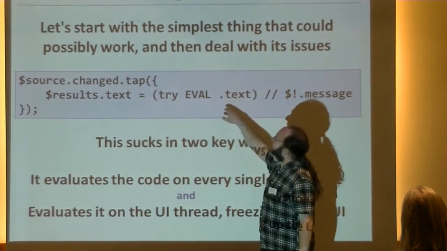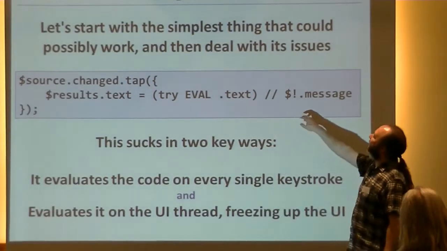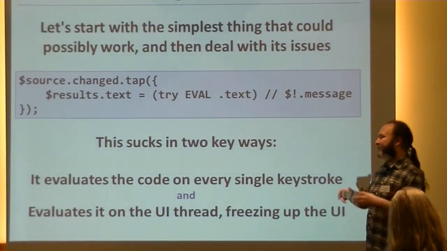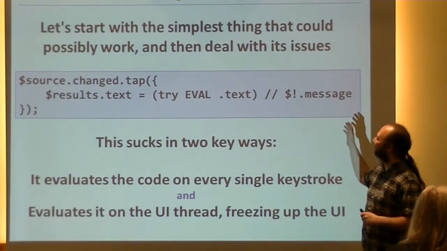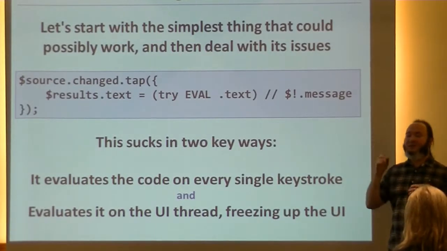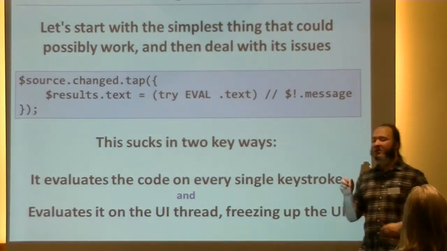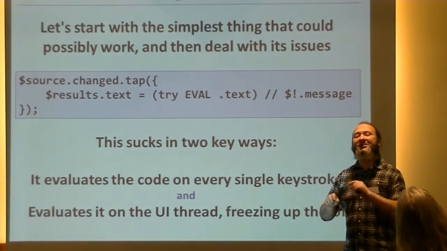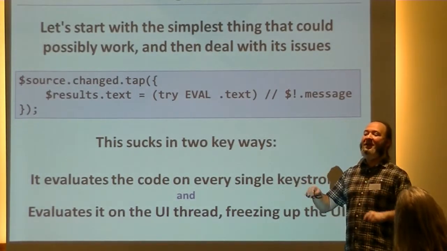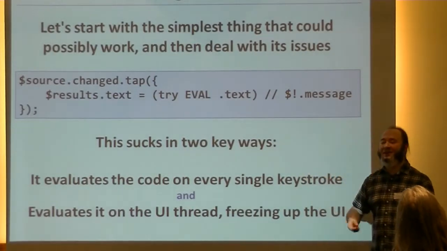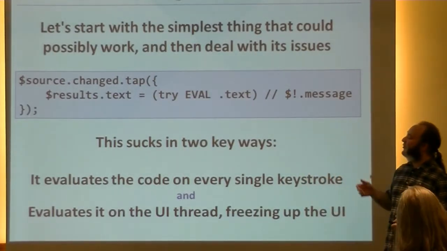We eval the text, catch any exceptions, and show the message instead of just throwing the exception. That's okay, but the problem is we don't want to freeze the UI up. The other thing is that we don't want to do this every time the user types a character. They're typing, they hesitate for a moment, and that's when we want to automatically run the program, not on every single character. So let's solve the two problems.